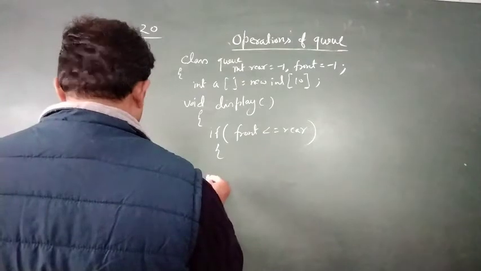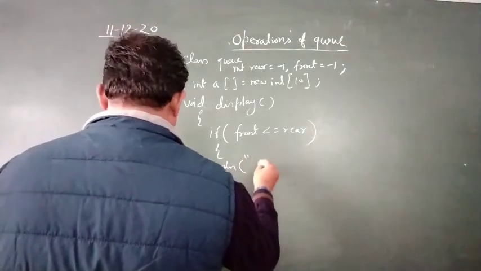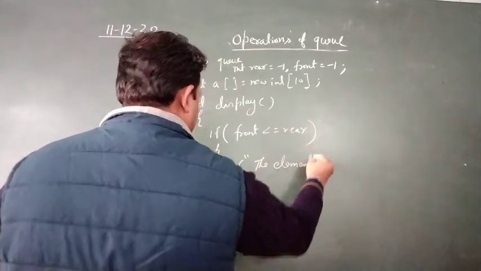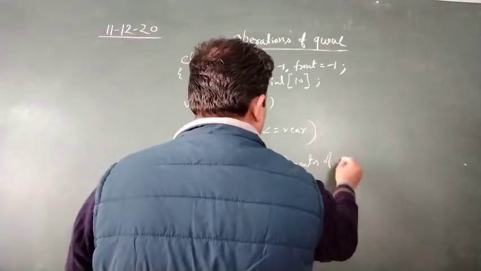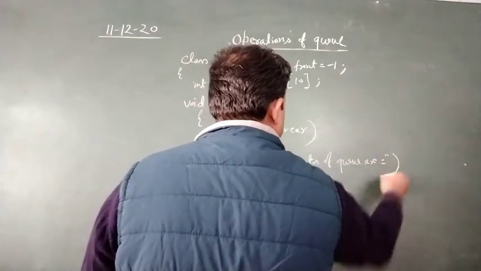So let us display using System.out.println a message here: the elements of Q are.